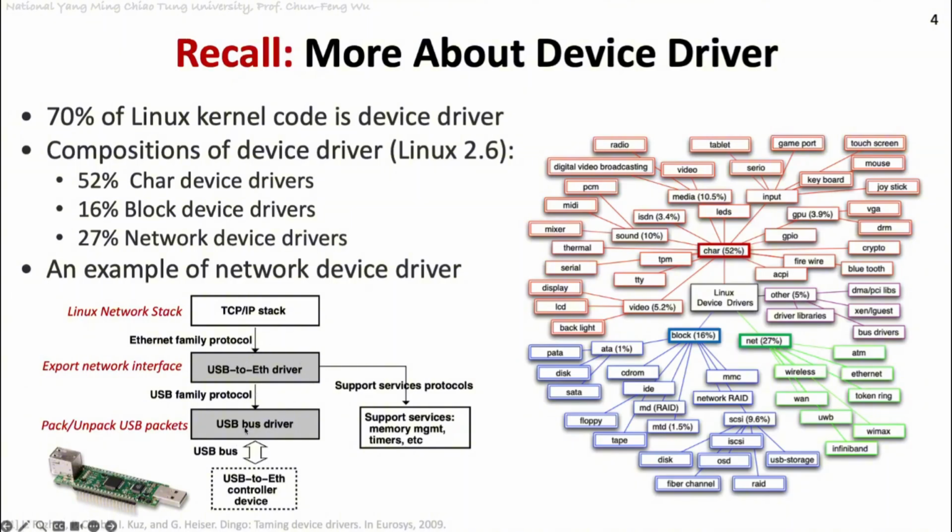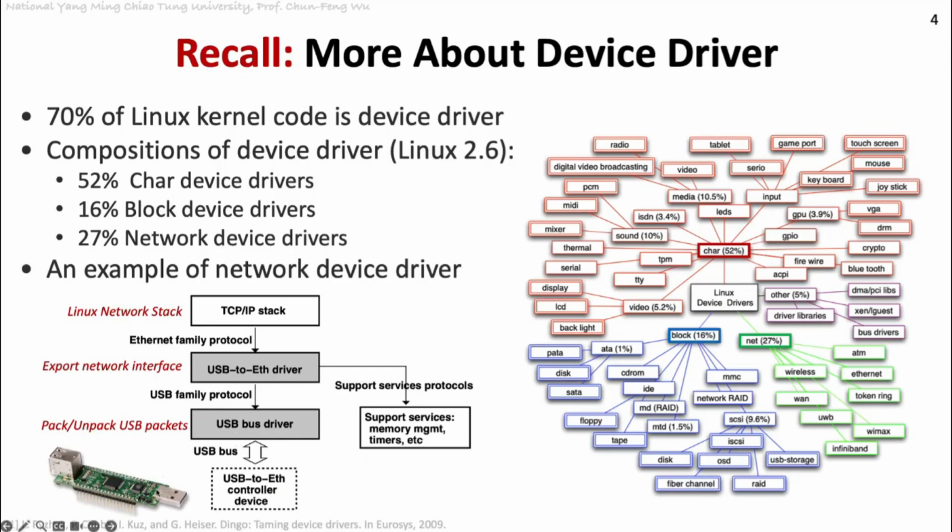Then we have another encapsulation because this device is connected to the PC or notebook with the USB interface, so we need to encapsulate another layer, the USB driver layer. Otherwise, the packet cannot be sent through this kind of device. So we have the USB driver to support these things.